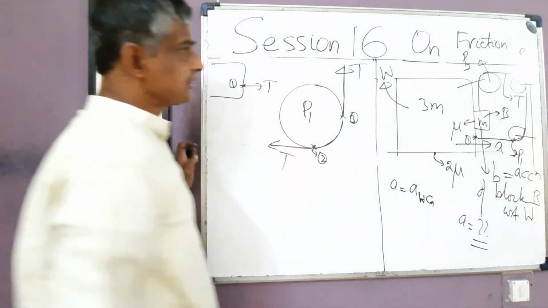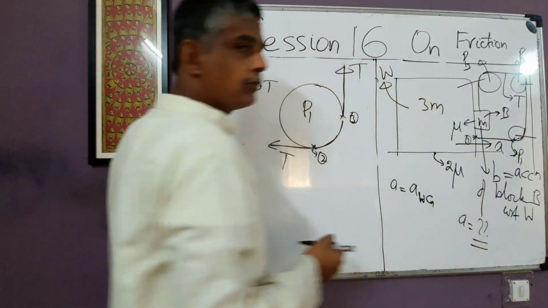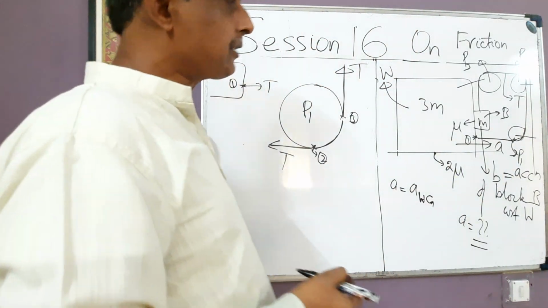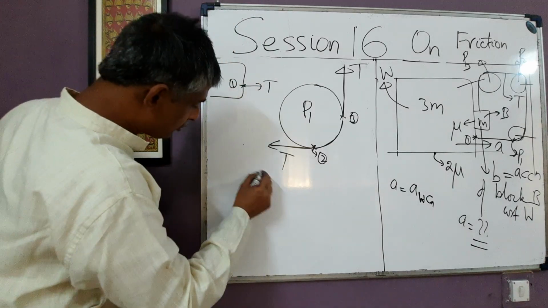Okay. Now take this pulley P2. The string is in contact with the quarter portion of pulley P2. So now I redraw that diagram here also.